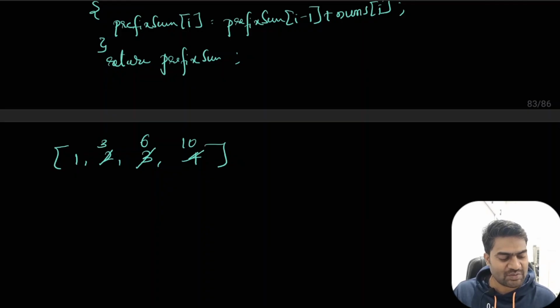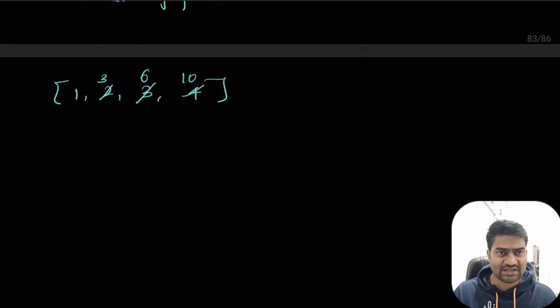Why was this possible? Because we are not using the previous value. That's where we can update the values in the same array. Okay, so is it the best practice? Maybe no, but for this problem, it is relevant because we are directly modifying our original nums array here.